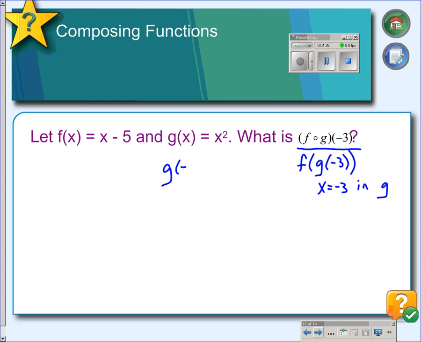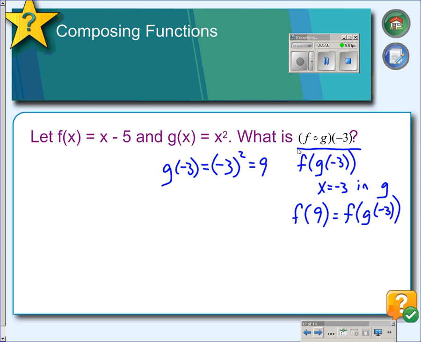So g of negative 3 would be negative 3 squared, which is 9. So now we're finding f of 9. f of 9 is the same thing as f of g of negative 3, because we calculated g of negative 3 and found it to be 9.